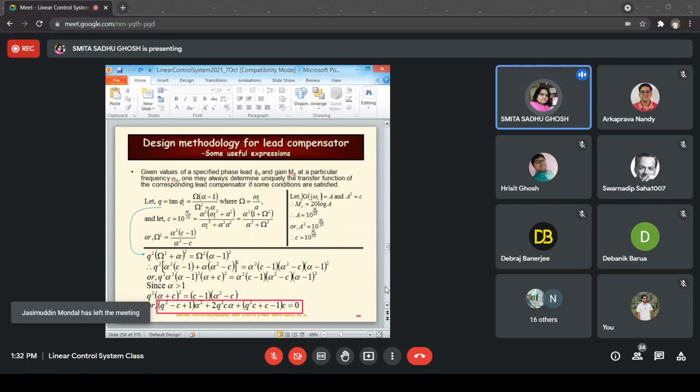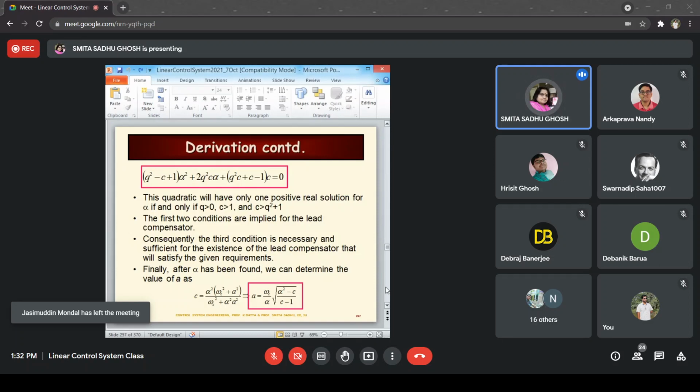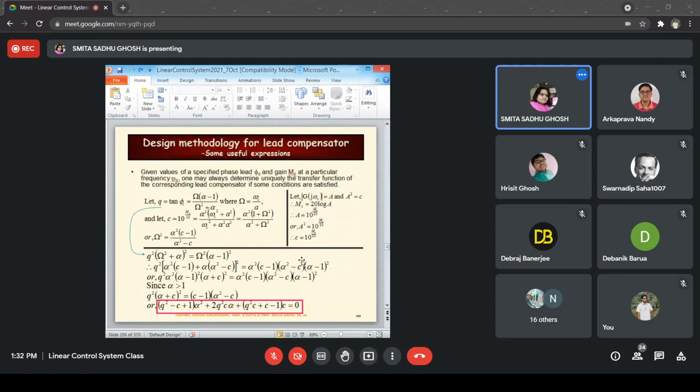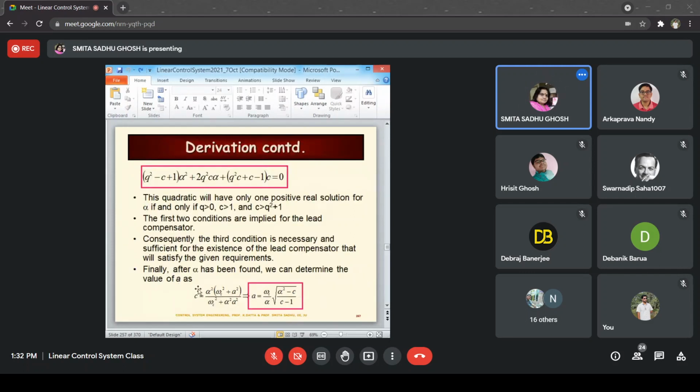So once alpha is known, okay, the expression for c is equal to Mc by 10, where Mc has been put over here. So c is equal to this. So from here, the value of A can be obtained.